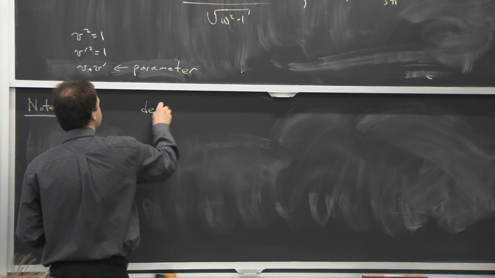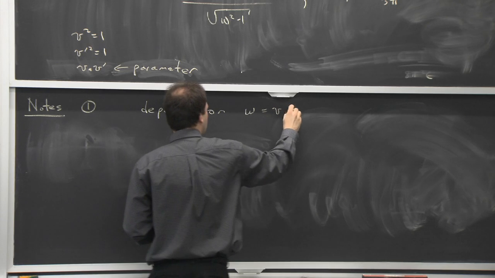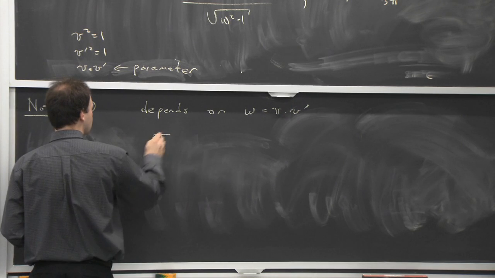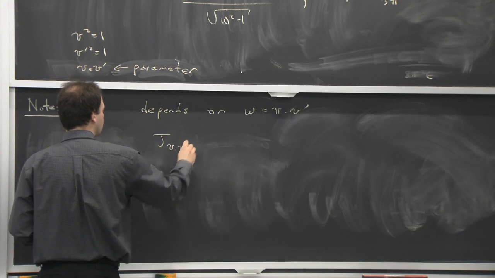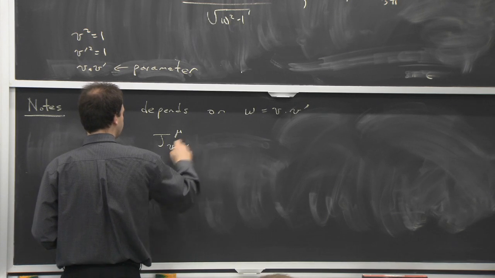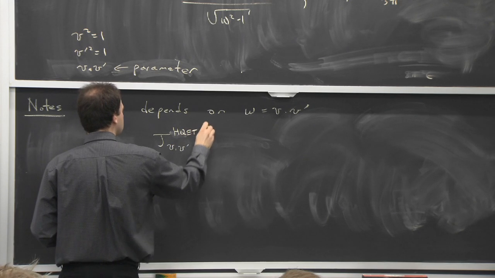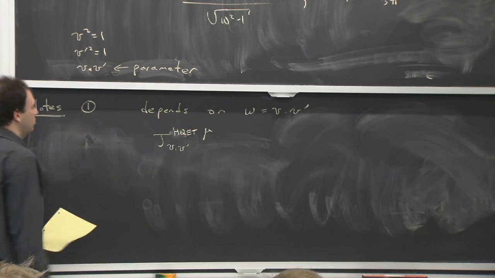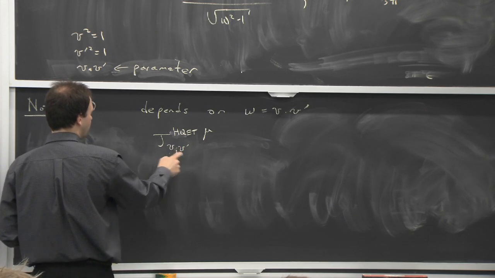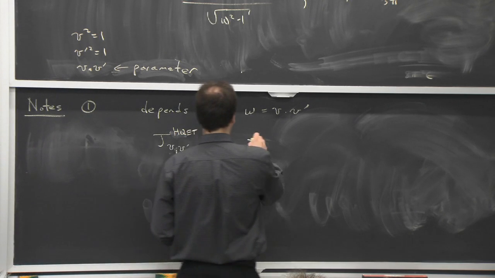So this is what I just said, that the answer depends on v dot v prime. And the way that you should think about this is that you have a current in the effective theory, in the HQET. And just like we label it by its Lorentz index mu, we should label it also by the v and the v prime, because the fields involve v and v prime.